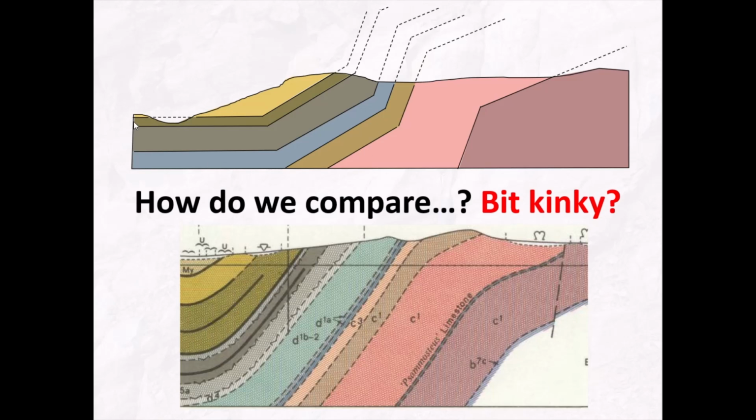So just like what we've got: steeply dipping Carboniferous rocks which then flatten out. But the only difference between ours and their cross-section is that ours, for want of a better word, is a little bit kinky.